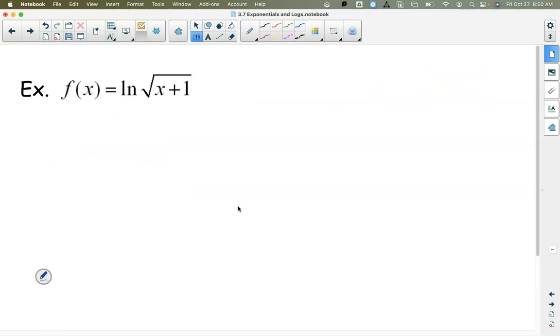Ooh, chain rule again on this one. Inside function, square root of x plus 1. Outside function, natural log of x. The derivative of the inside.